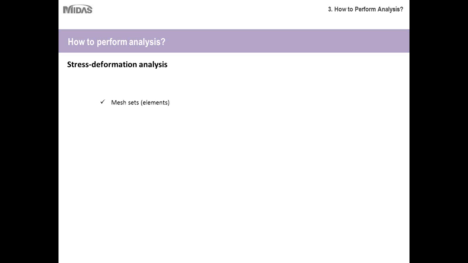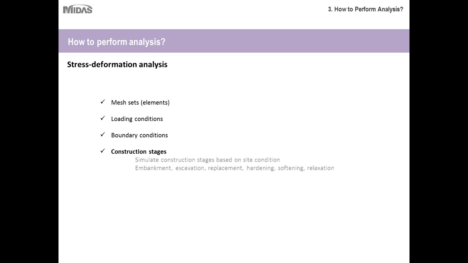The first step, you create geometry and do the meshing through discretization. Then you apply the loading conditions, you define the boundary conditions, and then you apply construction stages. So this is something different that we have not covered in this session today. So what I'll do is talk about this little more.